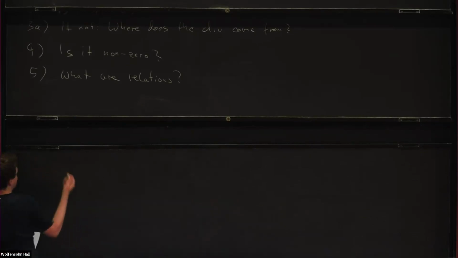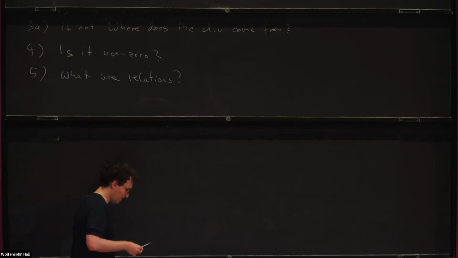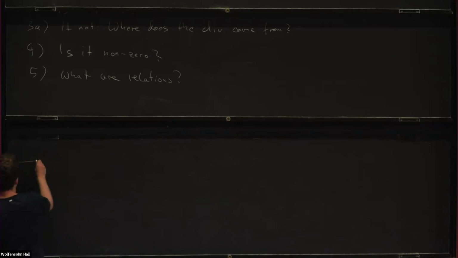So what does the closed form expression actually mean? Here's an example of a Feynman graph with external momenta P1, P2, and P3. And we say the propagators are all scalar and massless.